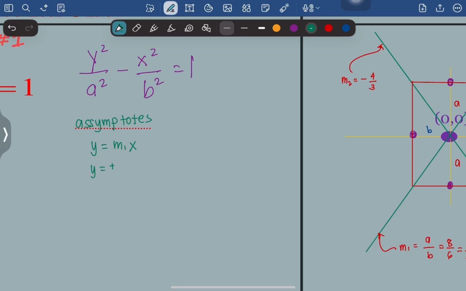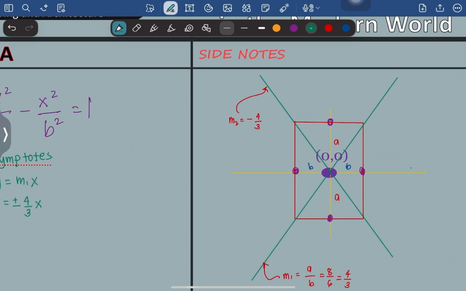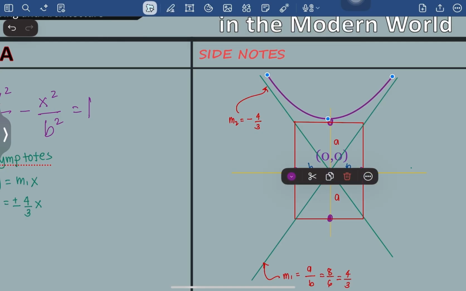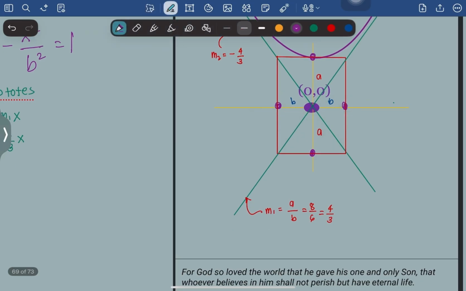M plus minus 4/3 x. Then for the curves, so we'll just connect. Same with here.